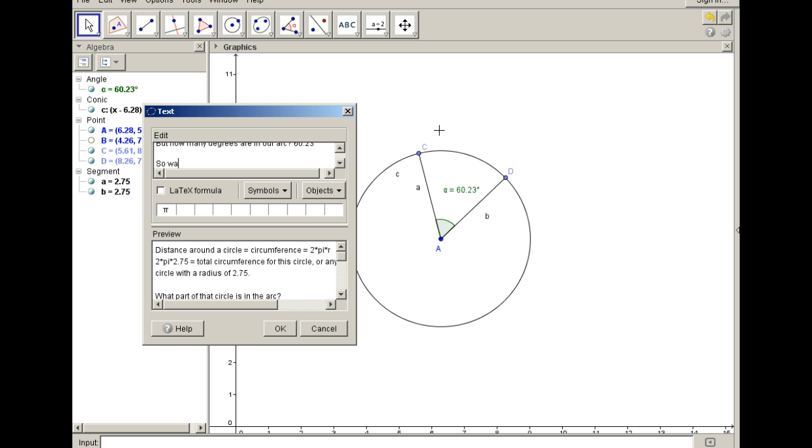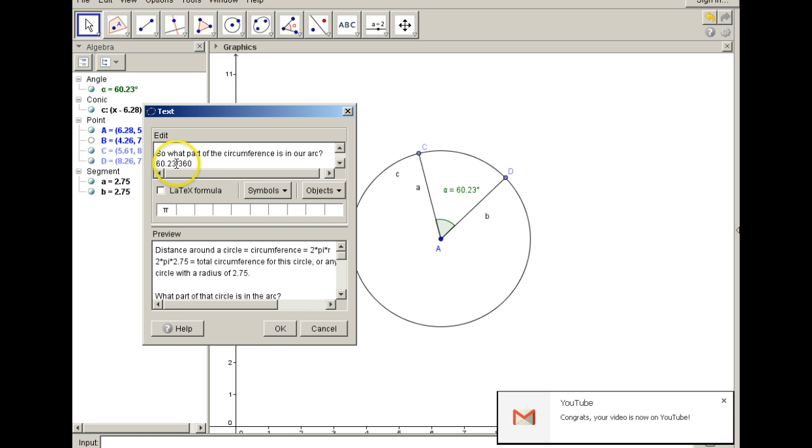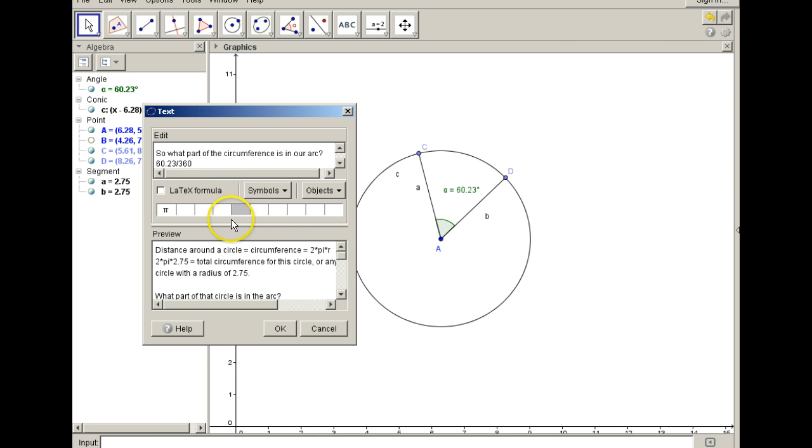So what part of the circumference is in our arc? Well, that portion or ratio is 60.23 of 360. So let's look at this for a second. This is the part out of the total. So we're writing a fraction here, because this represents the one part that we have out of a total part that exists.